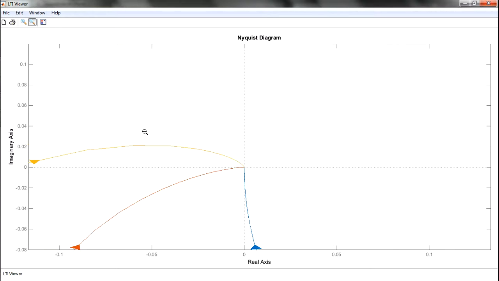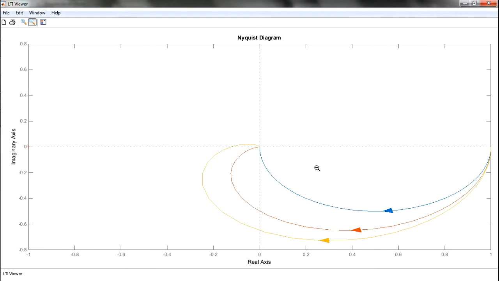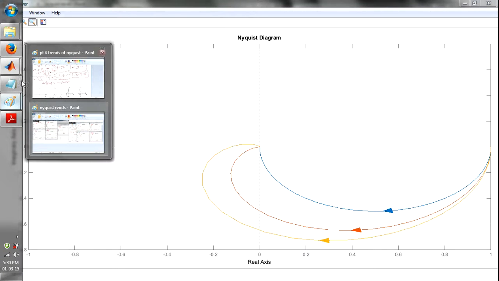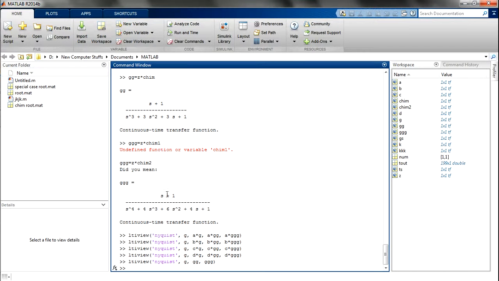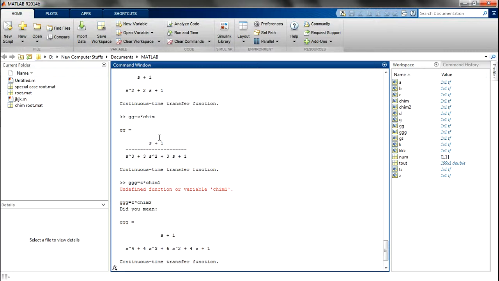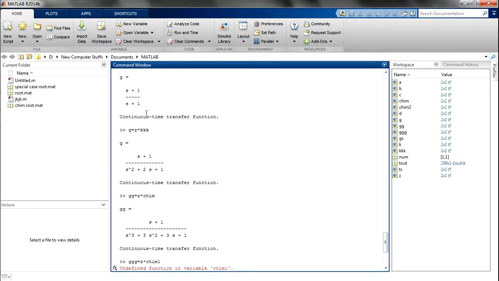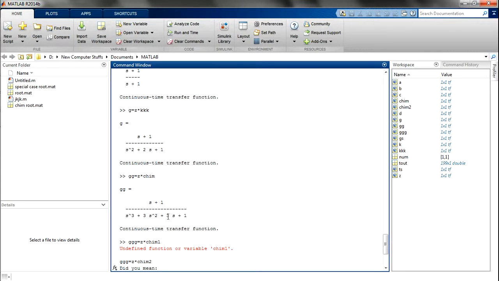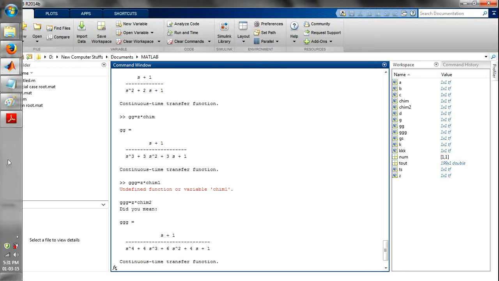If I zoom out, this is actually the plot of s plus 1 to the power of 4, this is s plus 1 to the power of 3, and this is s plus 1 to the power of 2. Since this is 1, I didn't plot it. So this is second order, this is third order, this is fourth order poles.